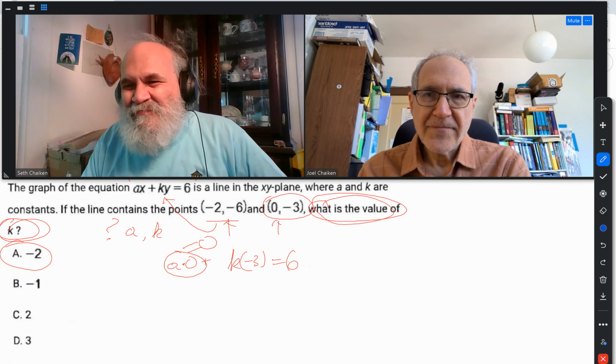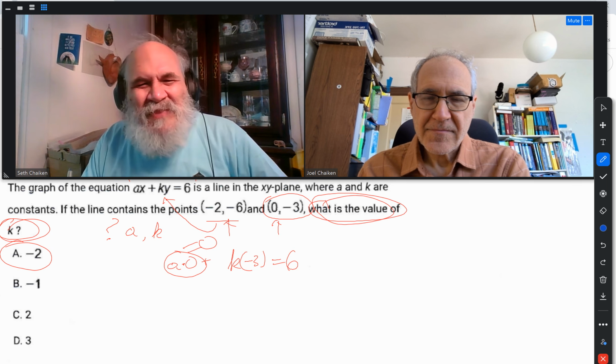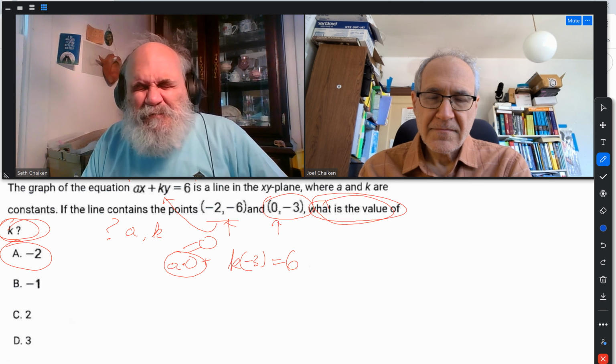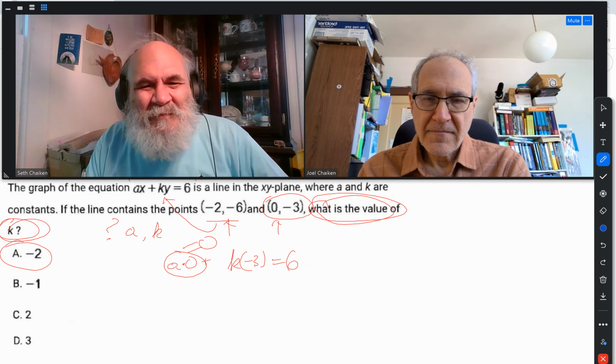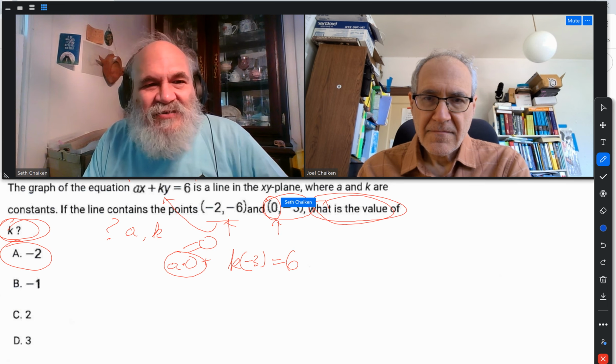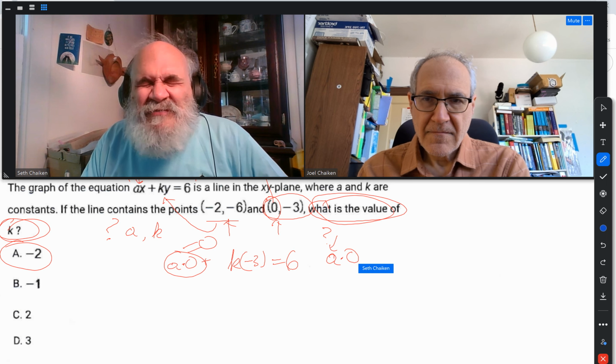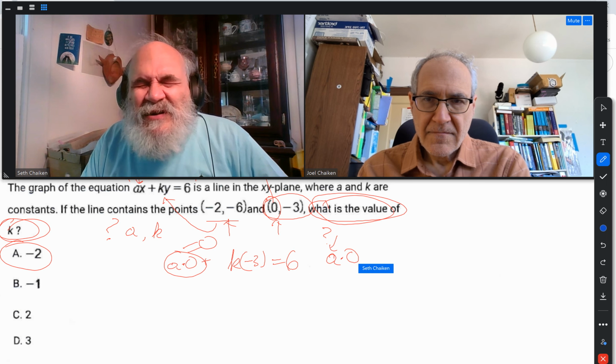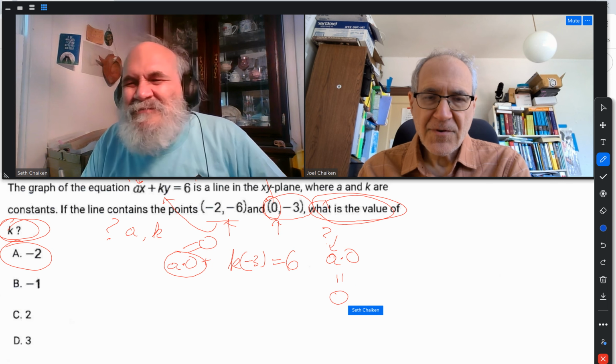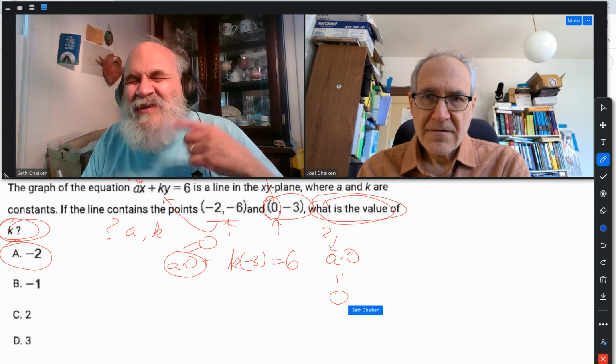Of course, yeah. Then the second pattern is that 0 times anything, so a is an unknown, but whatever it is, 0 times it equals 0. Of course. So that's the second pattern.